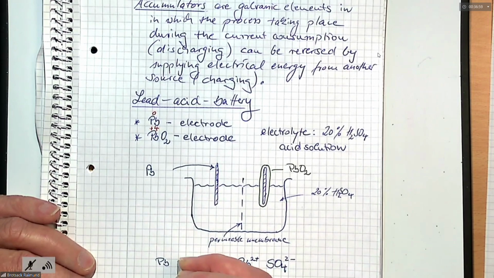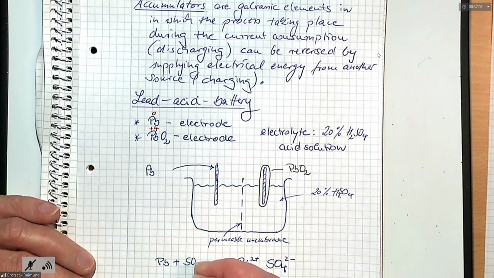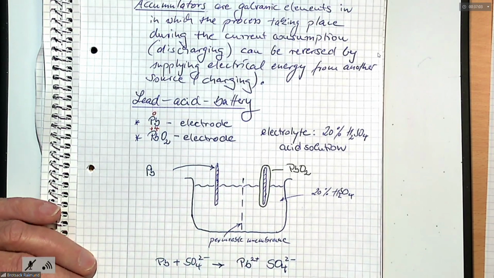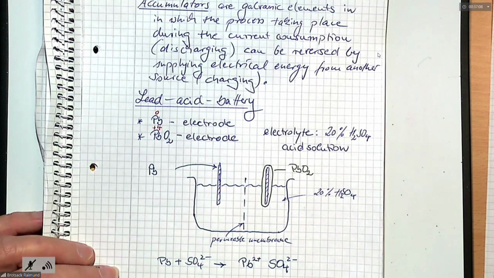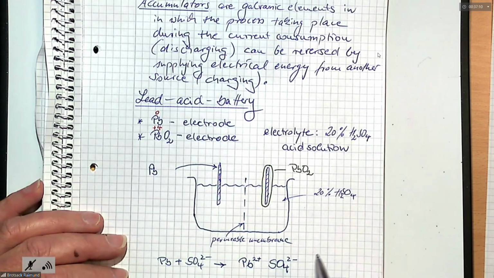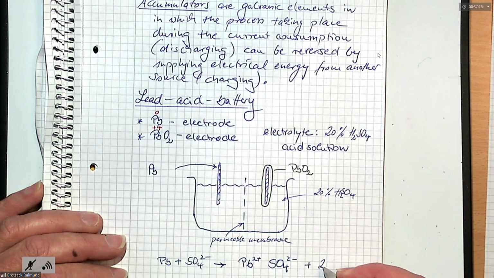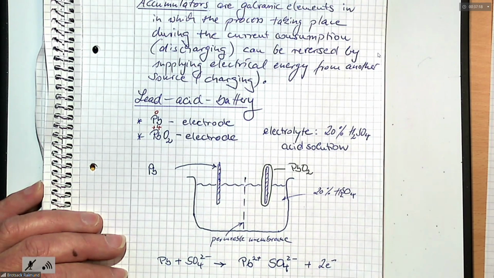Here we have the sulfate ions in the system, and it forms the lead sulfate and 2 electrons. That's the oxidation.